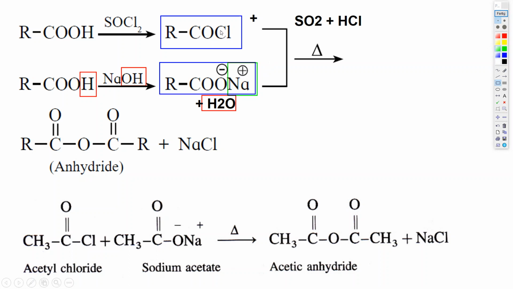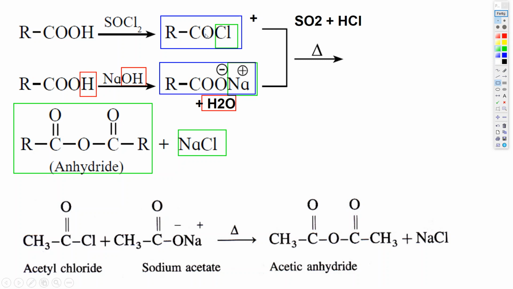This Na plus and Cl minus will form the minor product NaCl, and the major product is like this acid anhydride R C double bond O, O, C double bond O R. This is the acid anhydride. I already told you how to write the acid anhydride in another way.